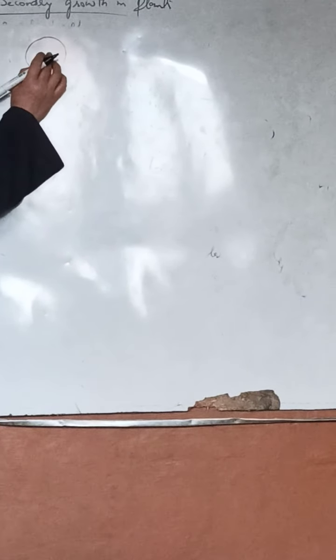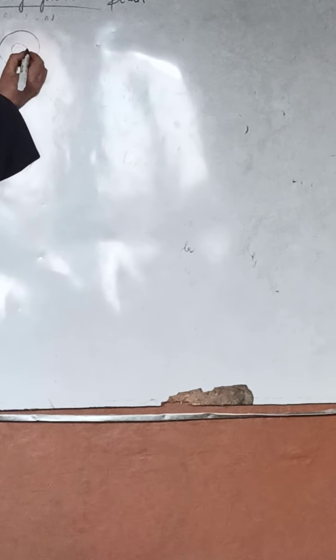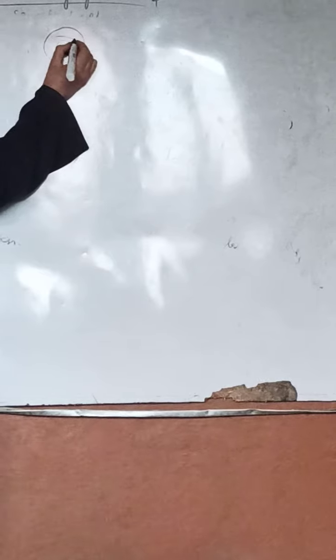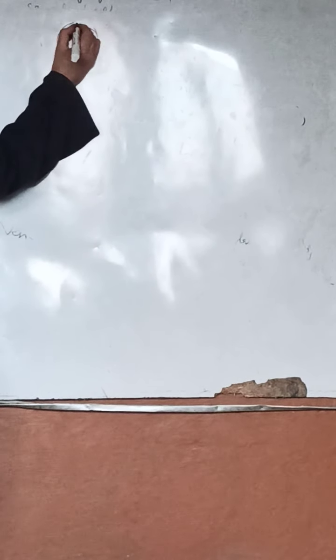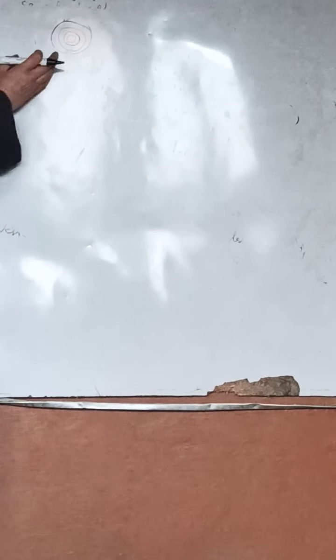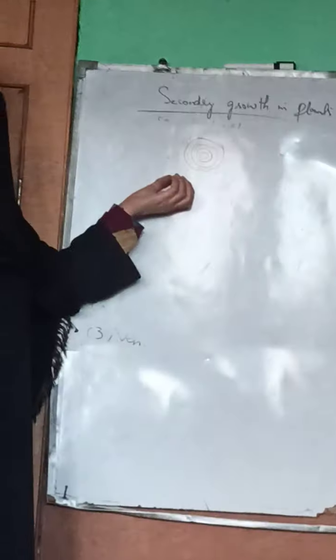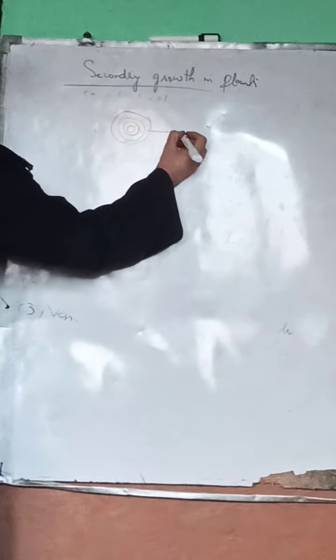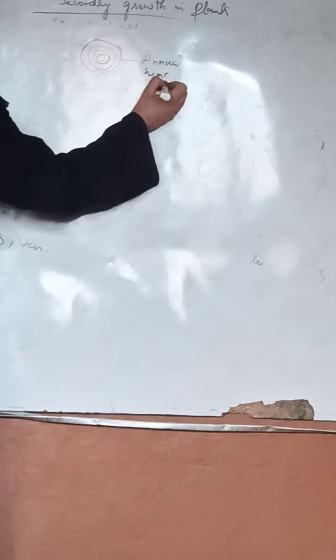This is lighter, this is dark, this is again lighter, and this is dark. So one ring is formed per year, and these are called annual rings.